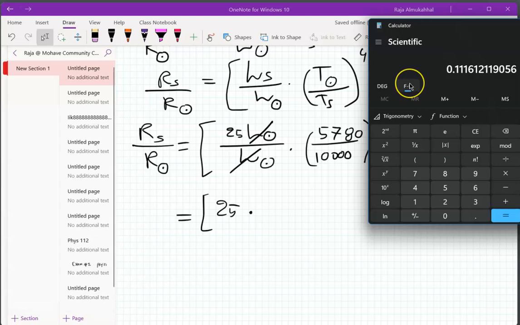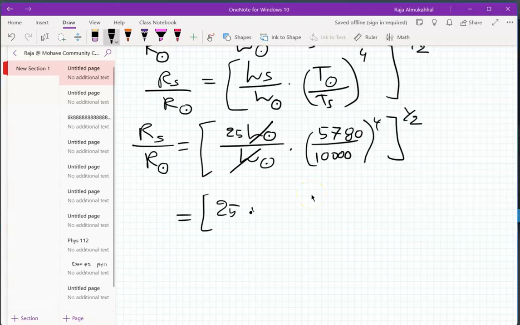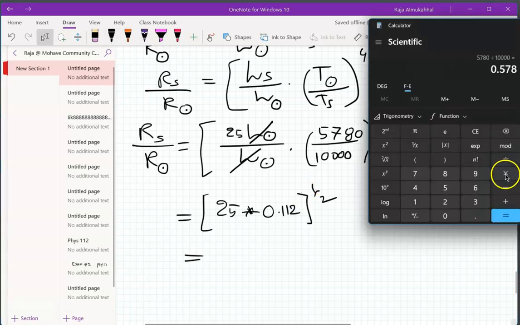Oh, not a big, actually pretty tiny number, sorry. So I have 0.112 to the power of 1/2. And then we just multiply them. So we have this one, multiply this by 25, and you get 14.45. Take the square root of that. What is the square root? Right there. And that will give me 3.8.